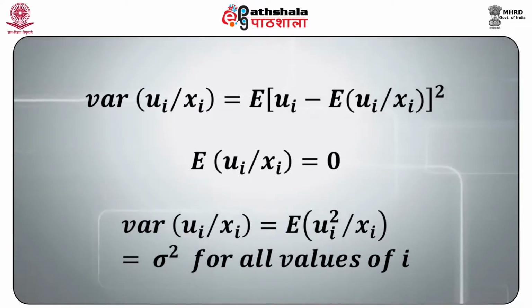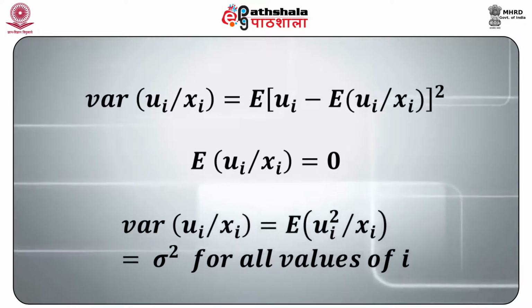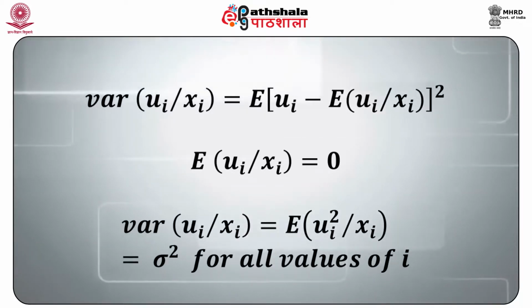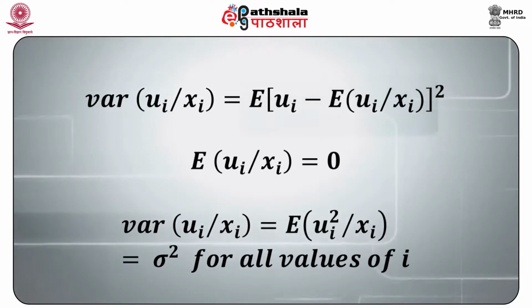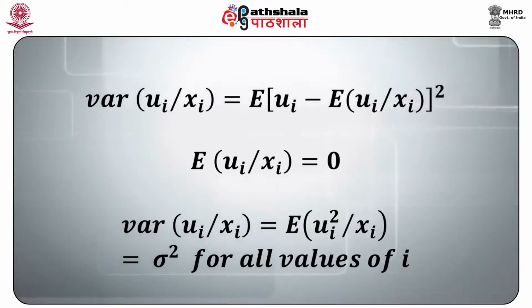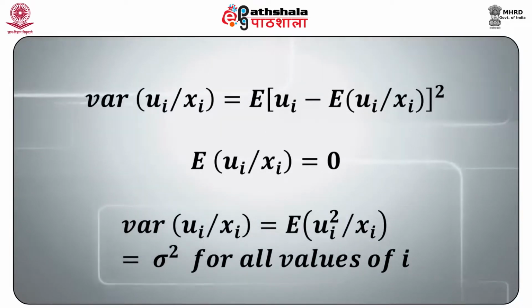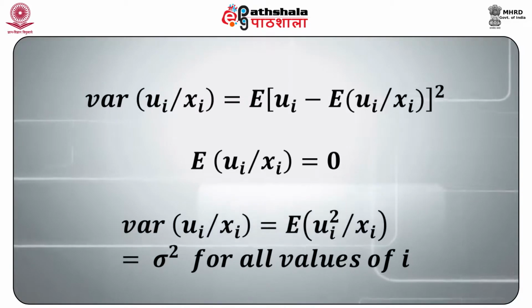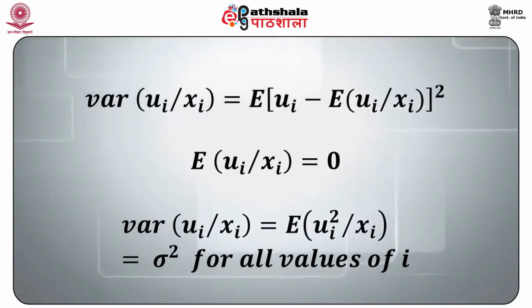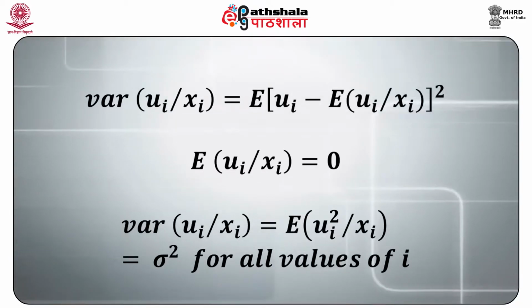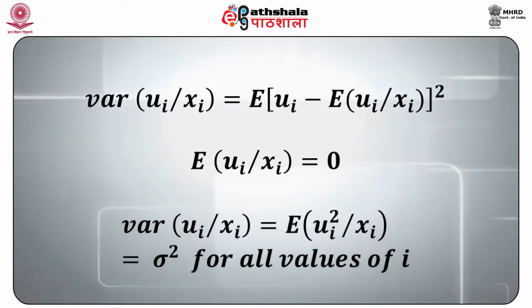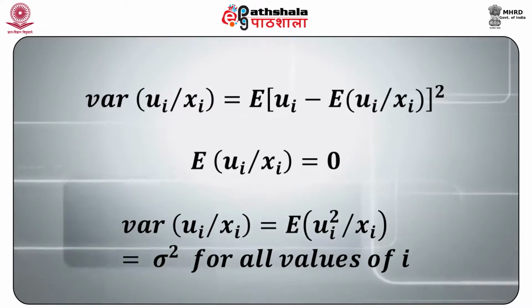Now, since by assumption 3 expected value of mu i given xi is 0, therefore we have variance of mu i given xi equal to expected value of mu i square given xi, and this we are assuming is equal to sigma square for all values of i, which means there is no subscript associated with this variance sigma square.